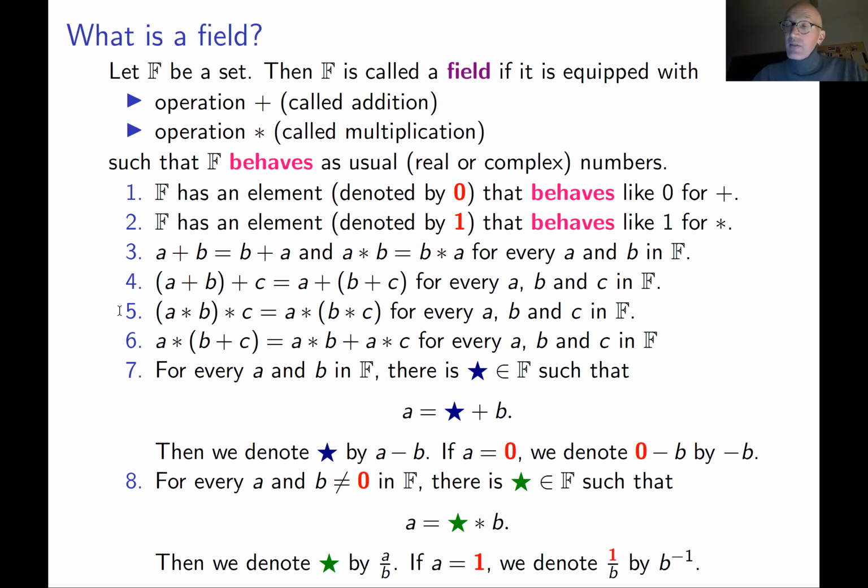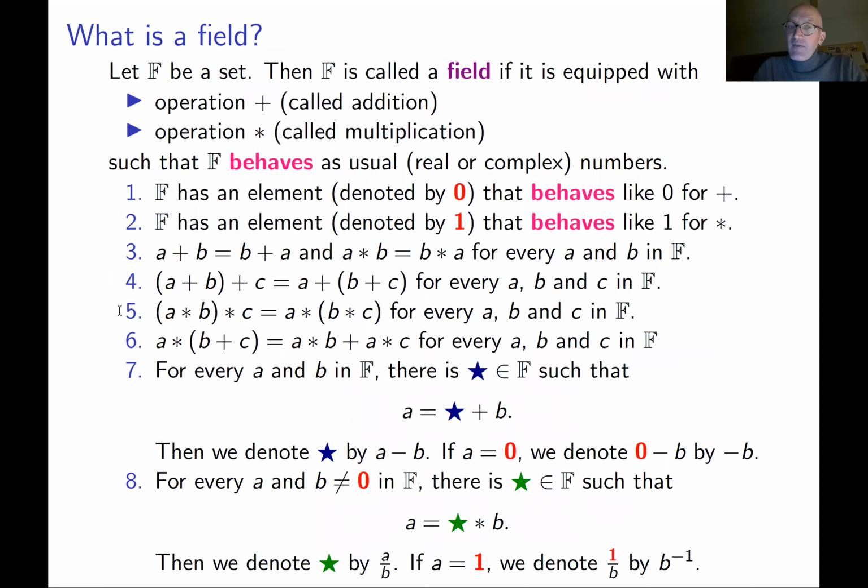And finally, the two probably most important properties: we have to be able to subtract elements, and we have to be able to divide elements of the field. Namely, for two elements A and B in the field, there should be some element, which I denoted by blue star, such that A equals blue star plus B. So basically, this blue star is just A minus B. And if A is 0, then 0 minus B is traditionally shortened to minus B. This is absolutely the same as what we have for real numbers.